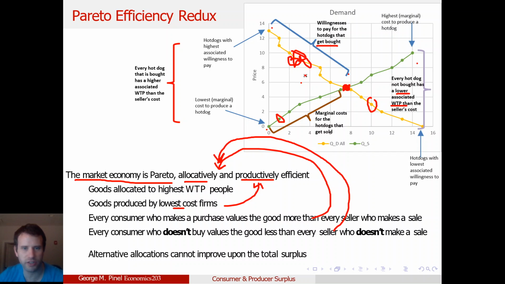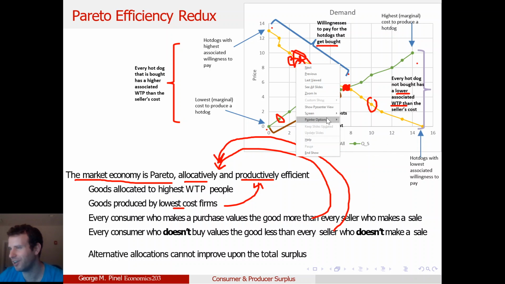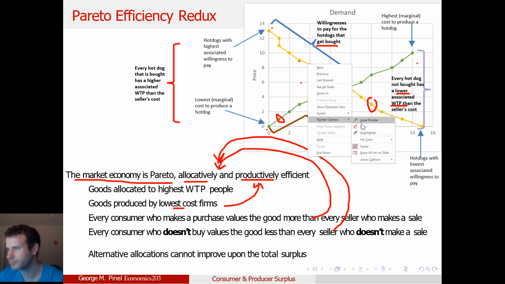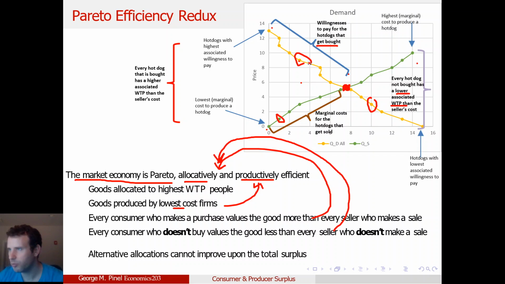That is an ugly, that is not even a circle. I don't know what just happened there. But this guy has a higher willingness to pay than this guy. We'll call him A. We'll call this guy B. Okay.